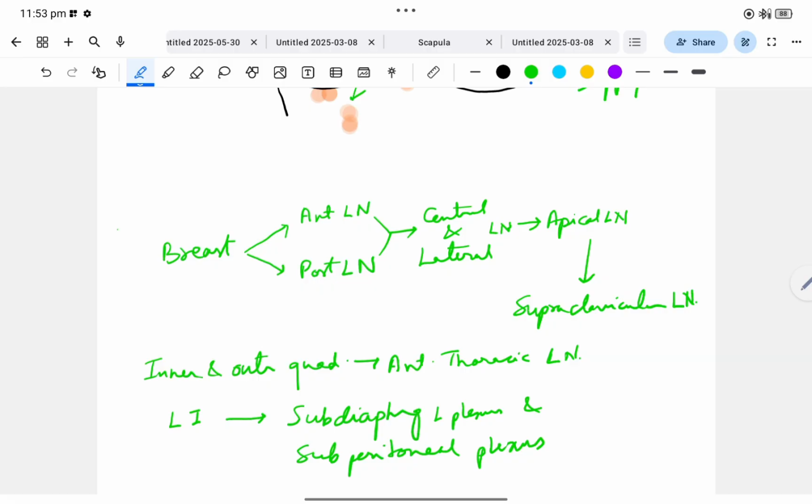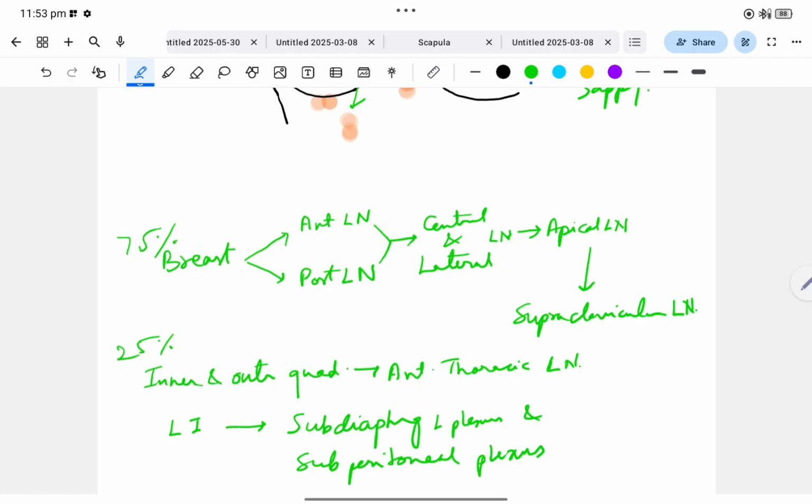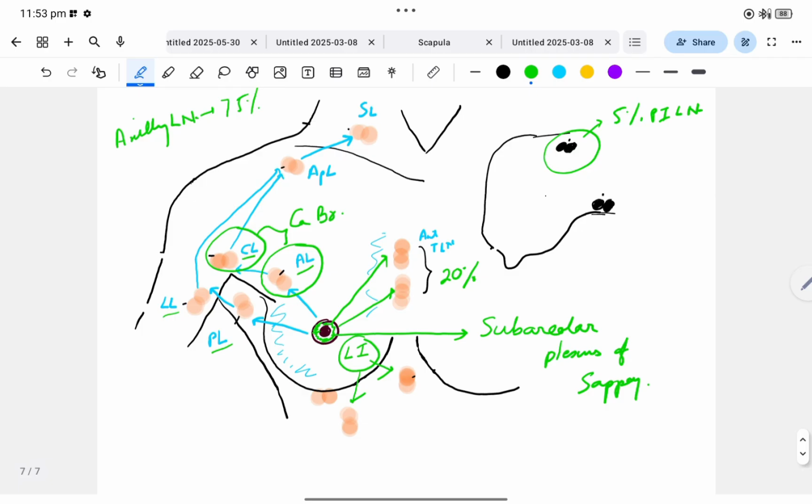So this part was 75%. This part was draining 25%, and the remaining 5% was the posterior intercostal lymph node.